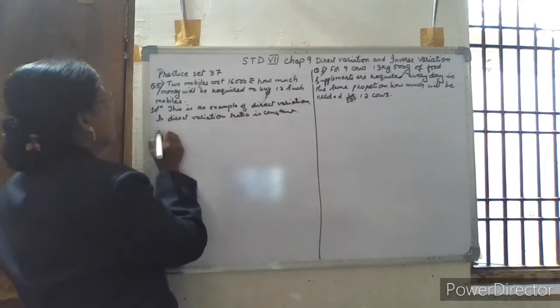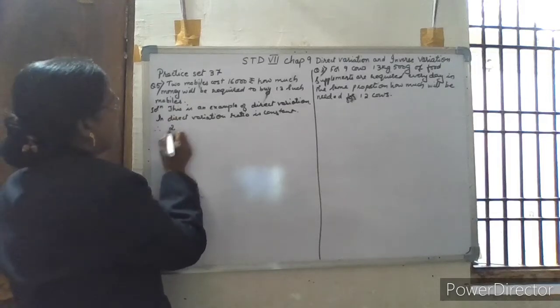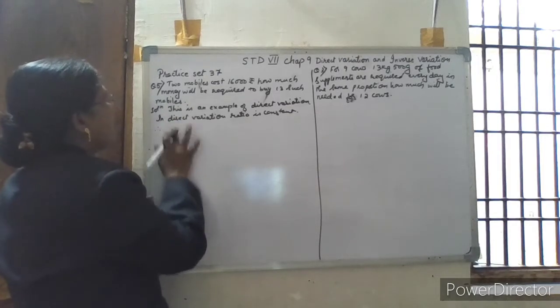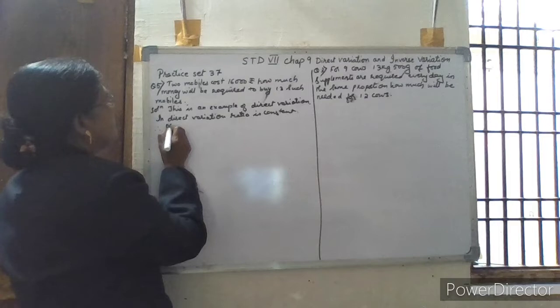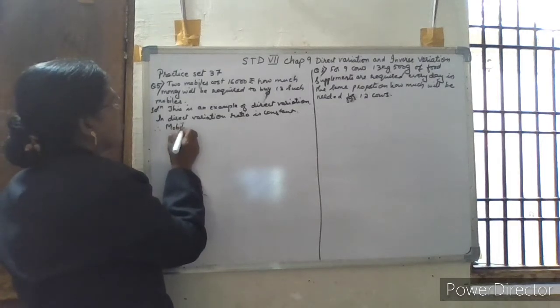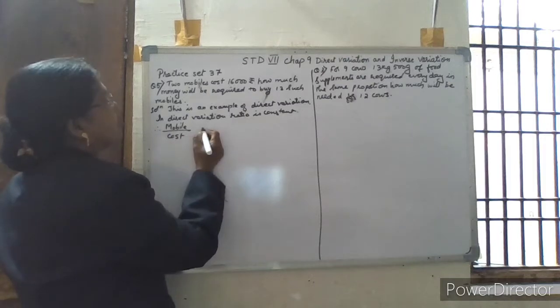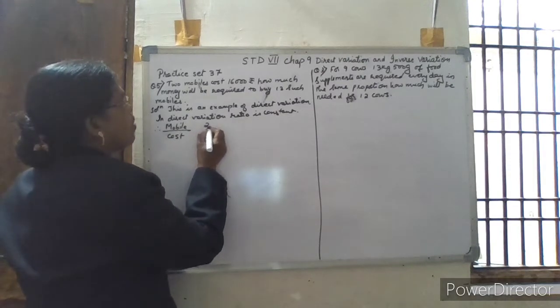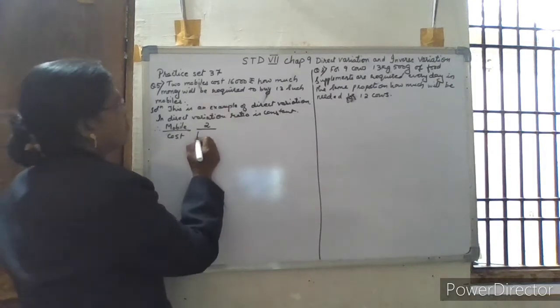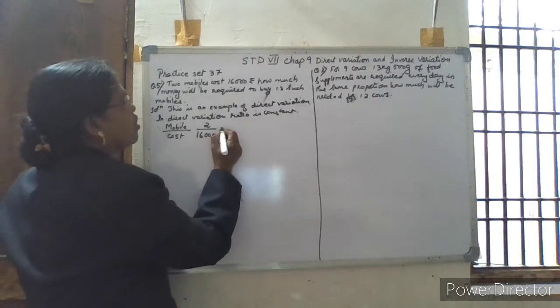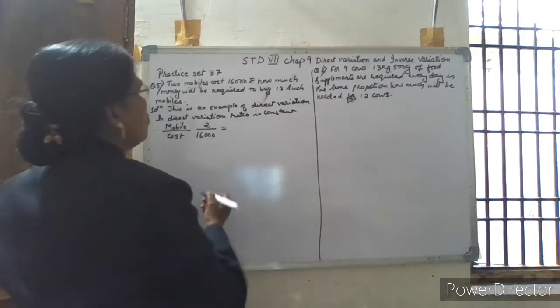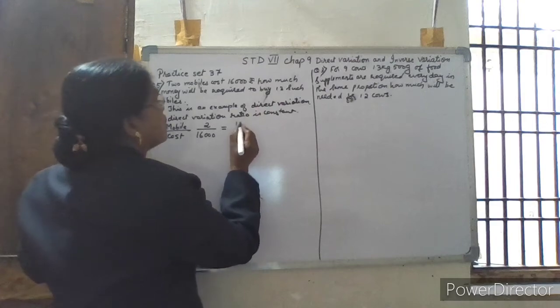Therefore, we have two mobiles here, number of mobiles upon cost. So here, two mobiles cost how much? 16,000. This will be equal to 13 mobiles will cost how much?